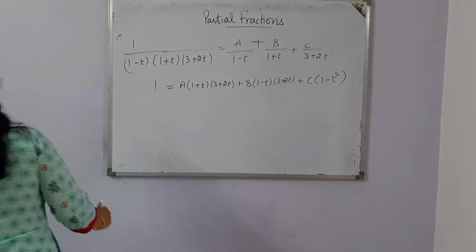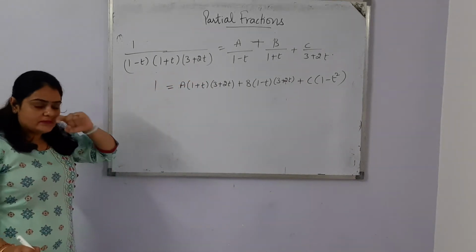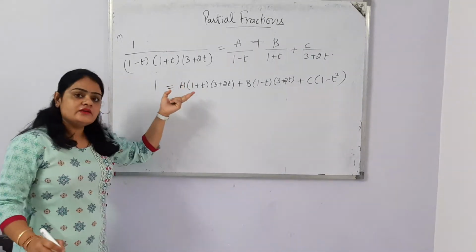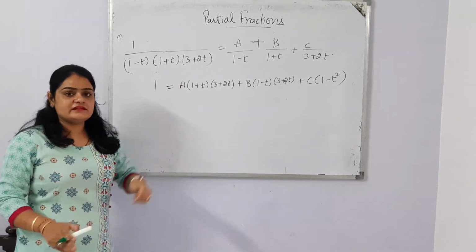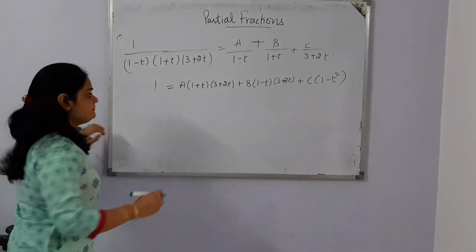The denominator will cut out with the denominator, and after LCM we'll get this. If you don't know how this procedure occurs, you can watch the previous 3 videos in which I have explained it. You can easily watch, and then you will understand how this step occurs.